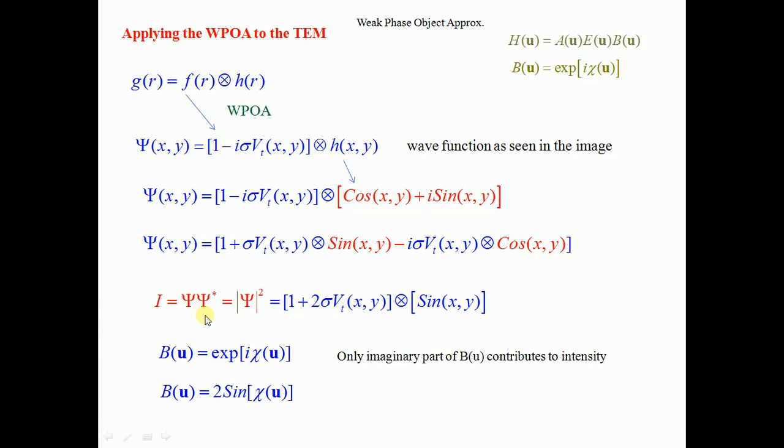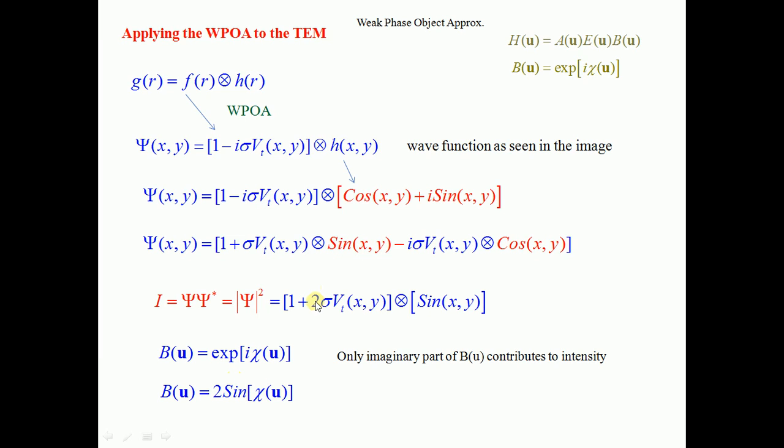If we take the complex conjugate psi star and multiply, it will give you the intensity. That is what we are expecting, is it not? This is the intensity of the image, and therefore you see a parameter like 1 plus 2iσVt sine. So B is equal to 2 sine χ, the only imaginary part which contributes to B. Keep in mind, instead of the exponential function, I replaced it by 2 sine.